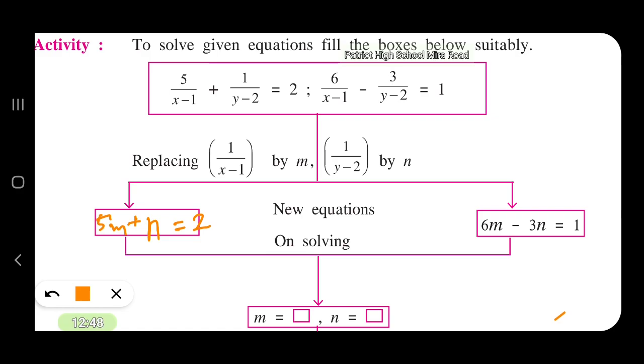Now we call this equation 1 and this equation 2. We will multiply equation 1 with 3. So we have 15m plus 3n is equal to 6. And we add equation 2 to equation 1.